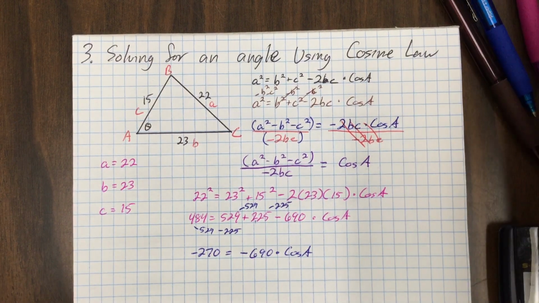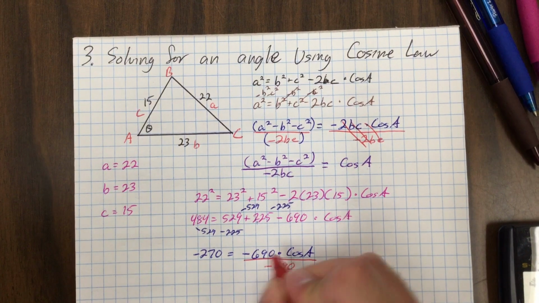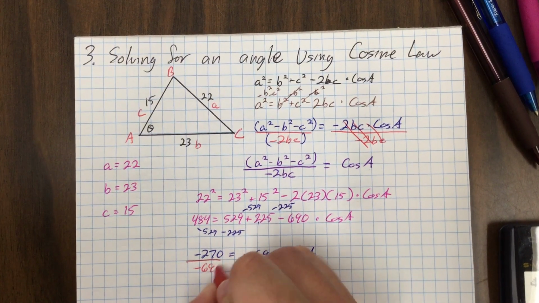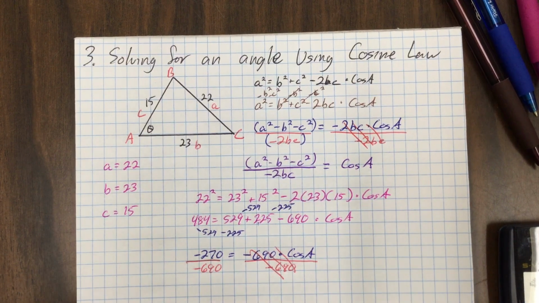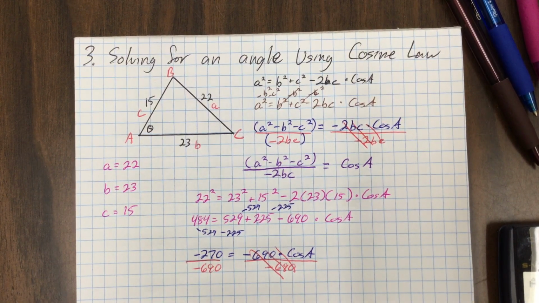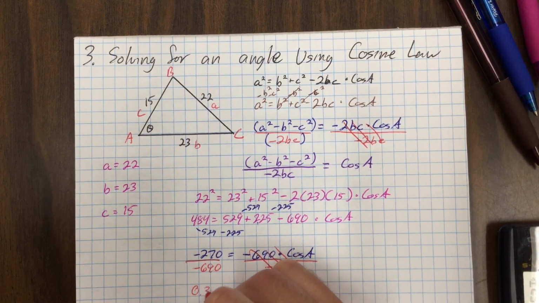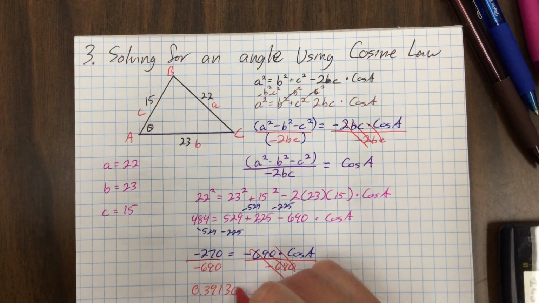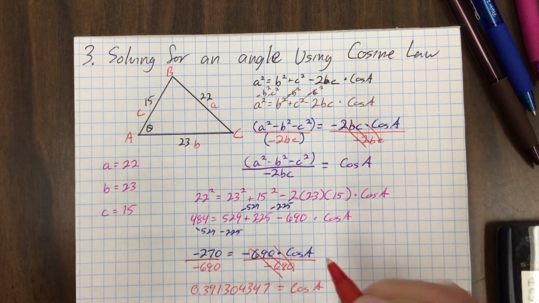So to get rid of that multiplying, we divide by negative 690, and this has to be a negative. There's a negative sign in front, so we cancel that out and divide by negative 690. We get a value of 0.391304347 is equal to cos of A.